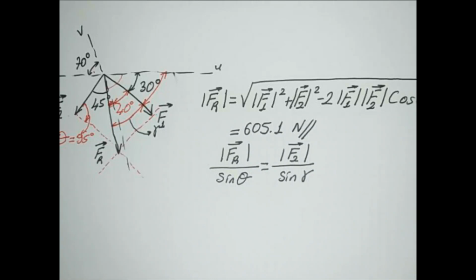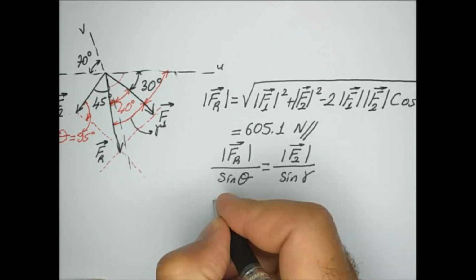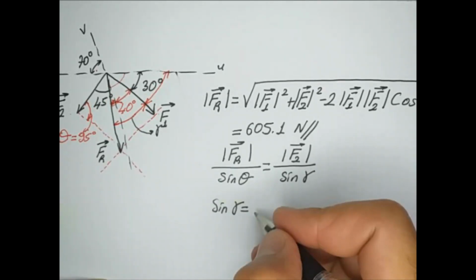Therefore, I can calculate sine gamma from here. Sine gamma is equal to F2 multiplied by sine theta divided by F_R.